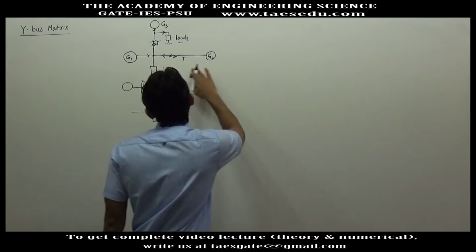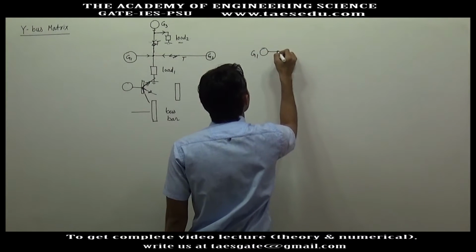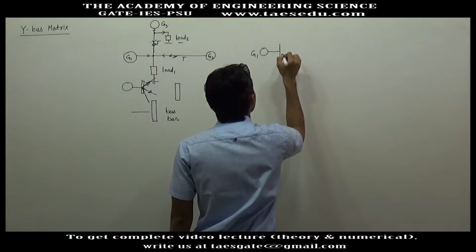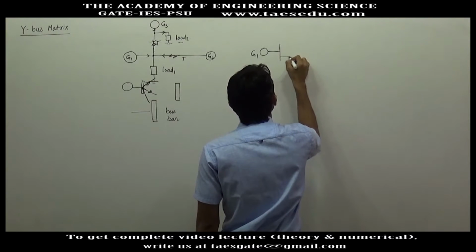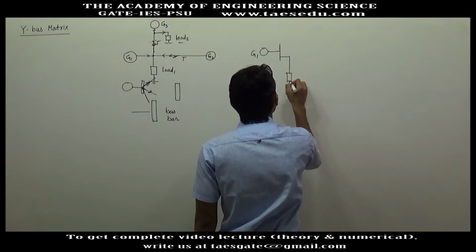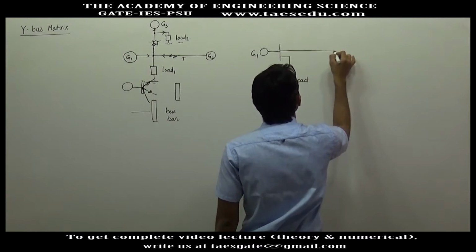So now I will redraw this diagram like this. Generator 1, and for generator 1 there will be a bus bar, then it will supply a load, then it will be connected to generator 2.